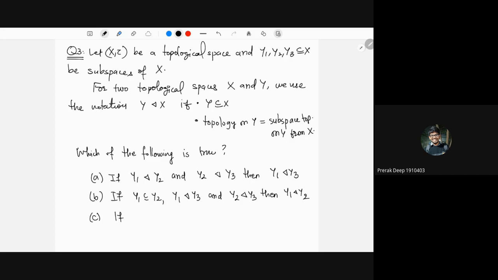And if Y2 is a subset of Y3, then Y2 triangle Y3. Okay, so again, I will give you a few minutes to think about this question and then we will discuss the solution.